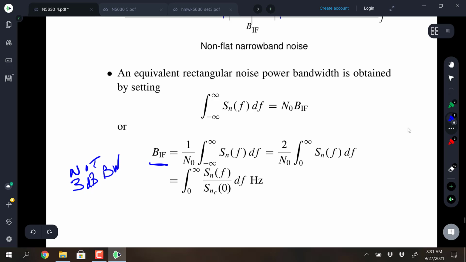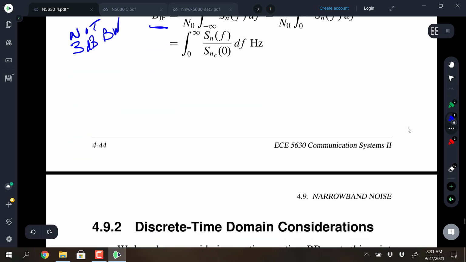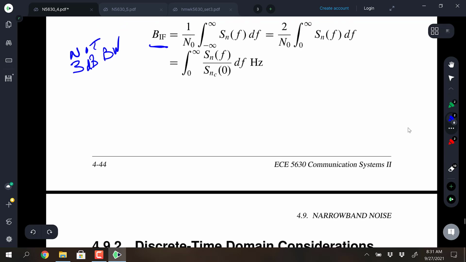So B_IF is not a 3 dB bandwidth. It would be a noise equivalent bandwidth. If you were modeling and working with a front-end engineer that says the bandwidth of the receiver is, say, 5 megahertz, it's fair for you to ask the question, is that the noise equivalent bandwidth, or is that some other definition of bandwidth?